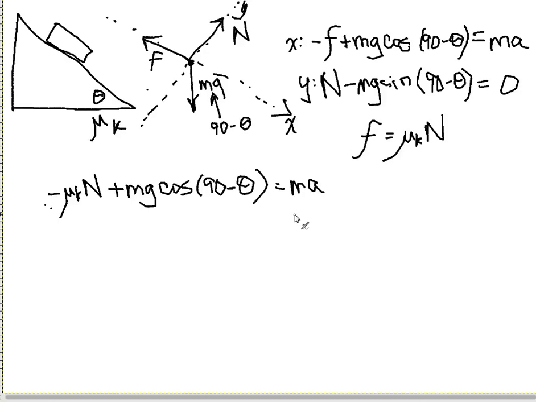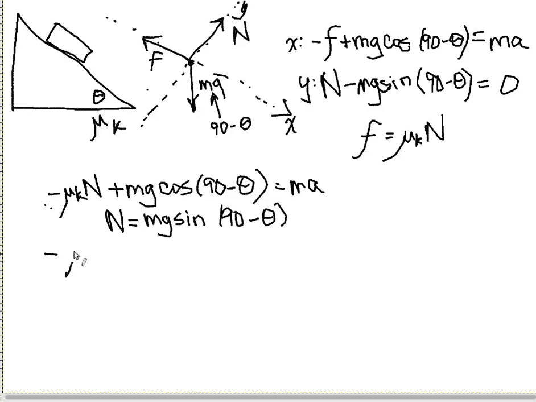And this is good because I know mu sub k, but I don't know the normal force. Oops. So let's go back and look. This equation here, the y equation, has the normal force in it. This equation tells me that the normal force is equal to mg sine 90 minus theta. So I'm going to plug that in instead of normal force.